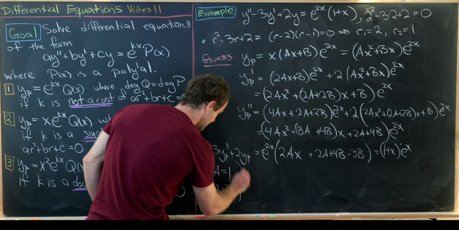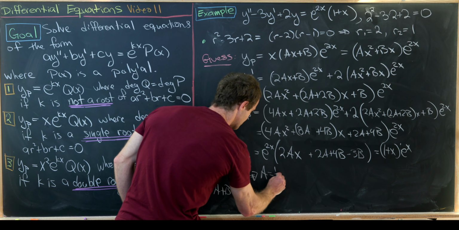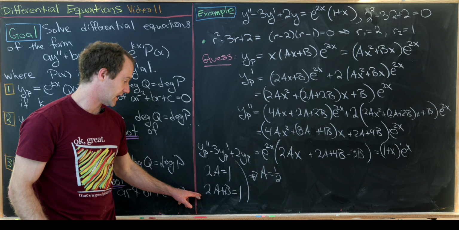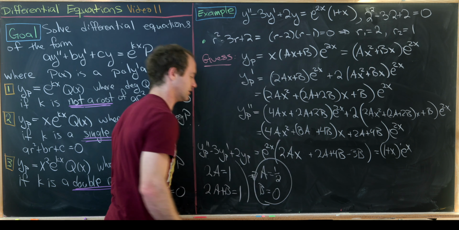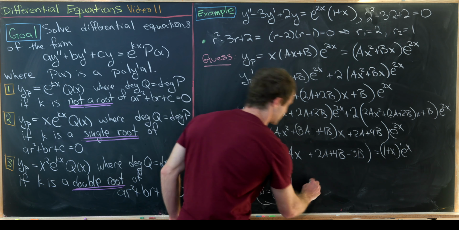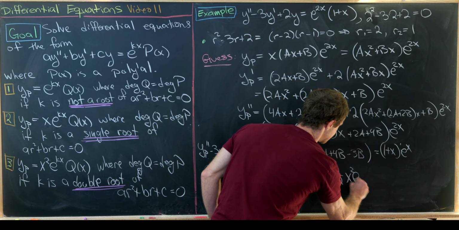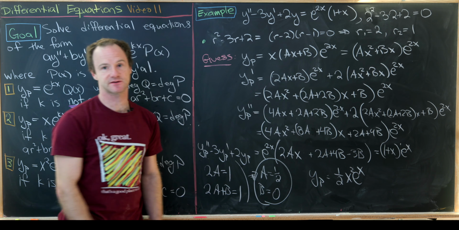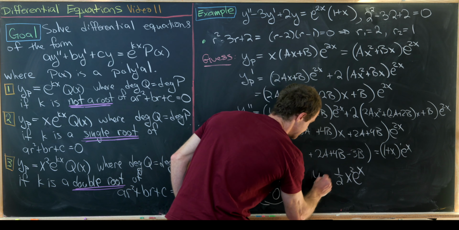So that means that in the end, we have a equals 1/2 and b is equal to 0. Okay. So putting that into our original, that tells us that our yp is 1/2 x squared times e to the x.